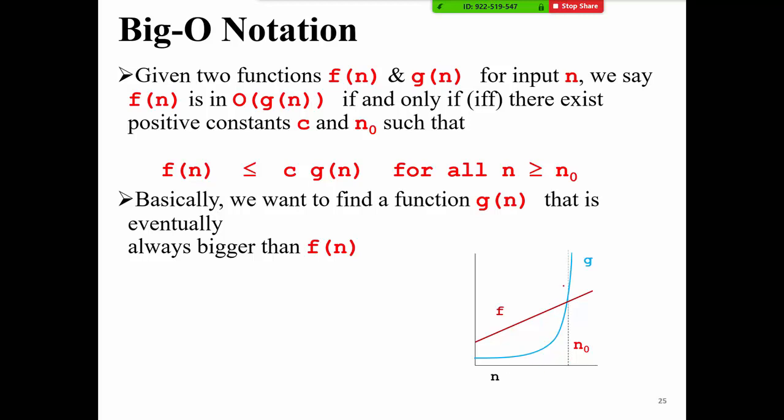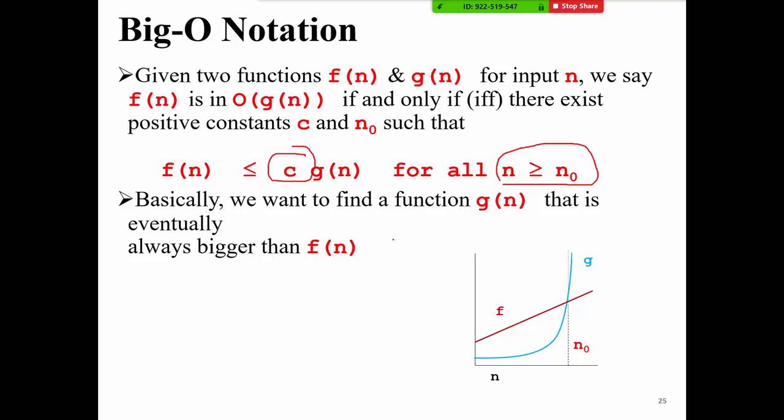But once we reach n0 and move forward, for any value greater than n0, g of n is greater than f of n with some constant. So we say that f of n is O of g of n if and only if we can find both conditions, n0 and c.